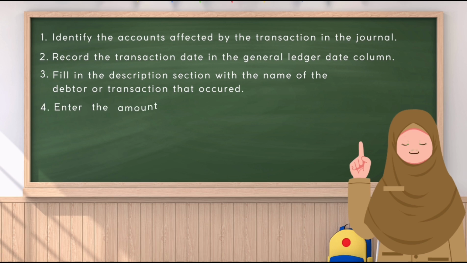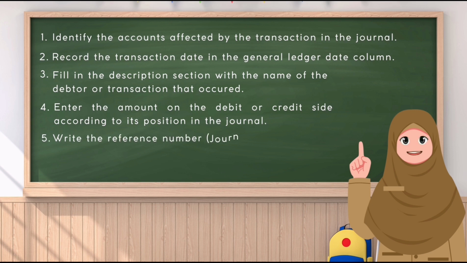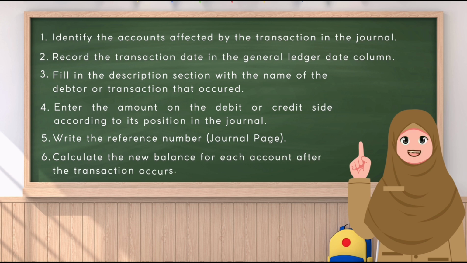Fourth, enter the amount on the debit or credit side according to its position in the journal. Fifth, write the reference number, journal page. Finally, calculate the new balance for each account after the transaction occurs.